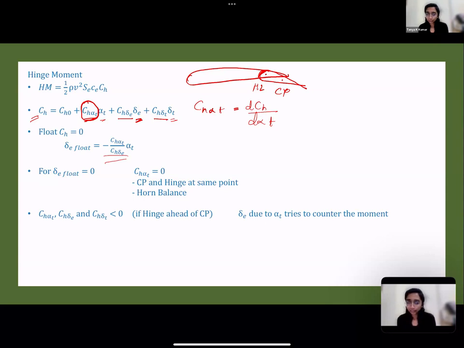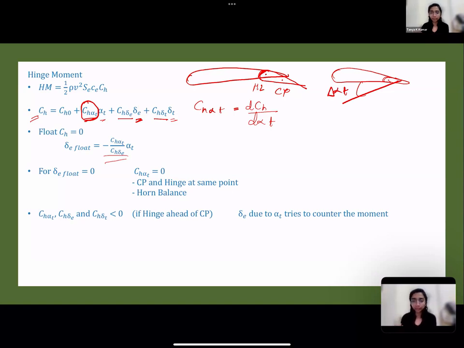Okay, if this is your wing, tail, and that is your elevator, this is the hinge point. Now, if there is an increase in the angle of attack at the tail, you have delta alpha tail. There will be a lift produced at the tail.